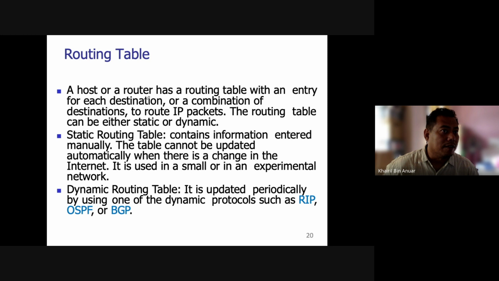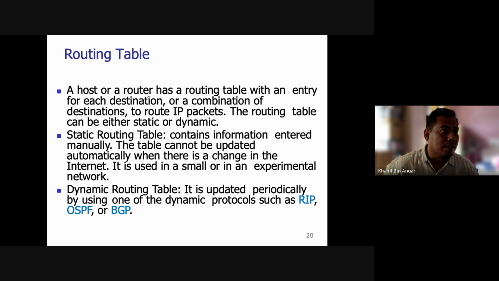By a dynamic routing table, it means that it can be updated based on any changes in the network. Basically, default routing is a static configuration. You can also have static routing, which can be configured manually, but if any changes need to be made, you also need to change them manually.